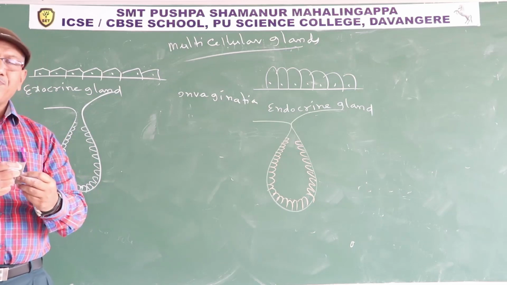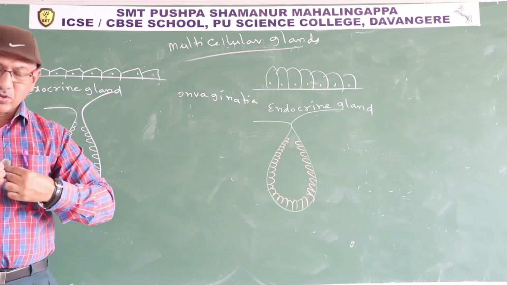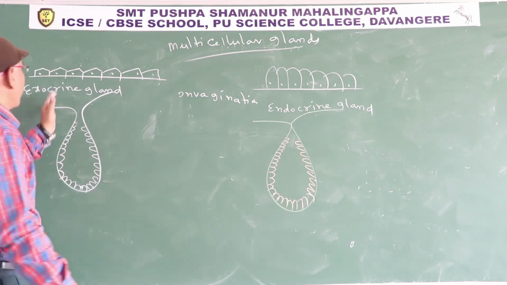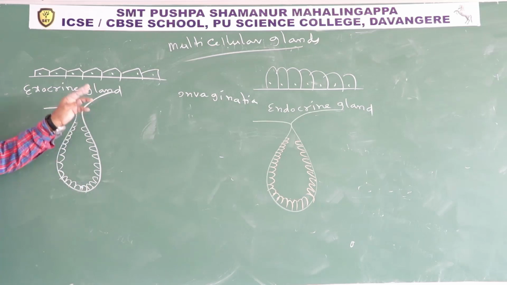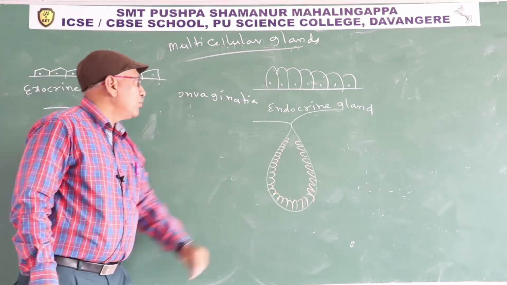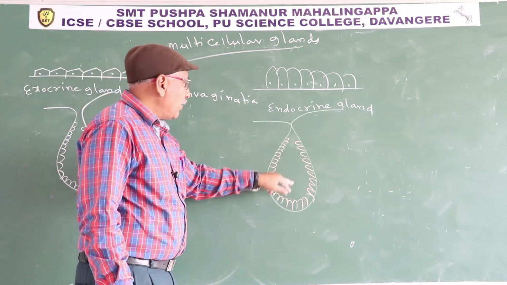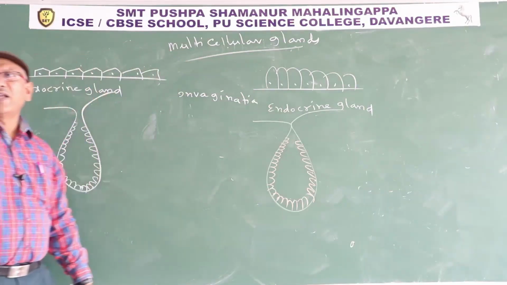Fold outwards is not invagination; fold inwards is invagination. Due to invagination of simple cuboidal or simple columnar epithelium, a multicellular gland is formed. After formation, if the multicellular gland maintains connection to the surface, it is known as an exocrine gland. If it loses the connection to the surface, it is known as an endocrine gland.